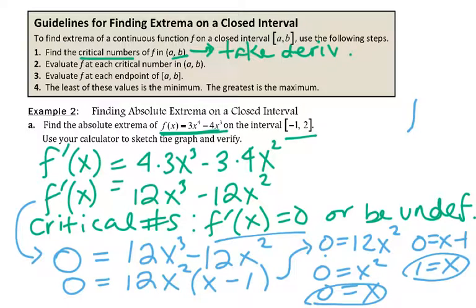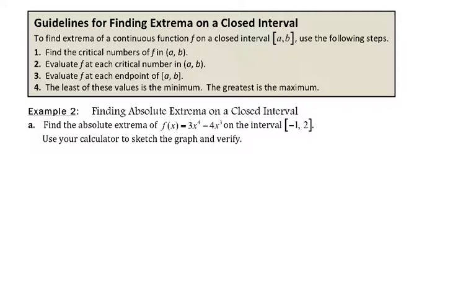Okay. I'm going to clear the page so that we have room to keep working on this. Okay. So we just found that our critical numbers were x equals 0 and x equals 1.